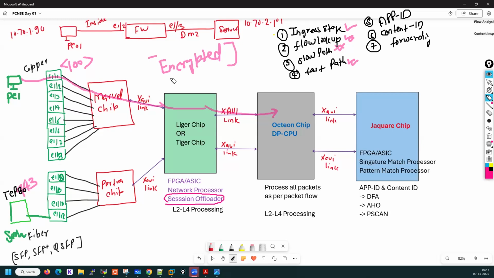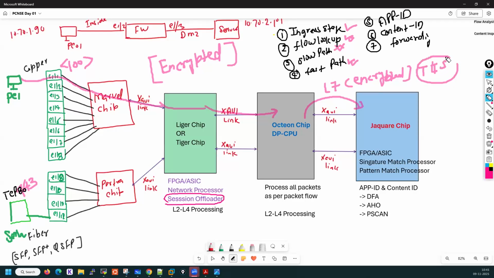Because in the SSL handshake the packet is encrypted. When the Octeon chip forwards that encrypted information, the layer 7 information is encrypted.